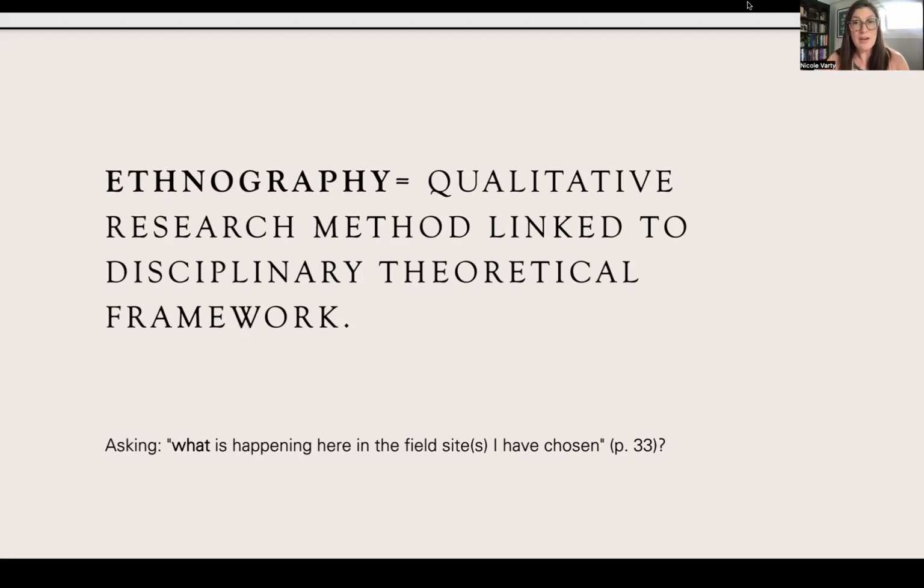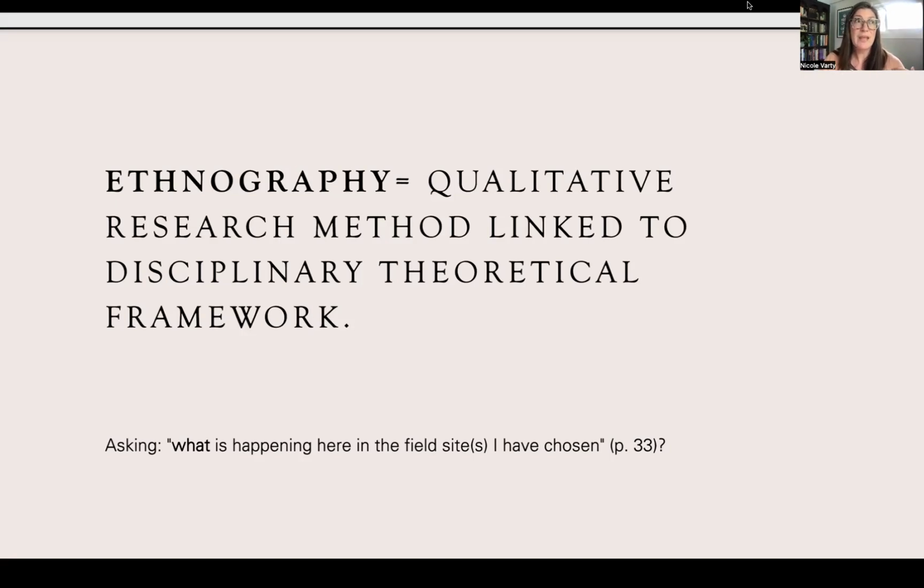But really, ethnography is a qualitative research method. Now, in that first chapter on ethnography, Shirley Bryce Heath and Brian Street talk about how qualitative research writ large often does not get specifically linked to a theoretical framework.